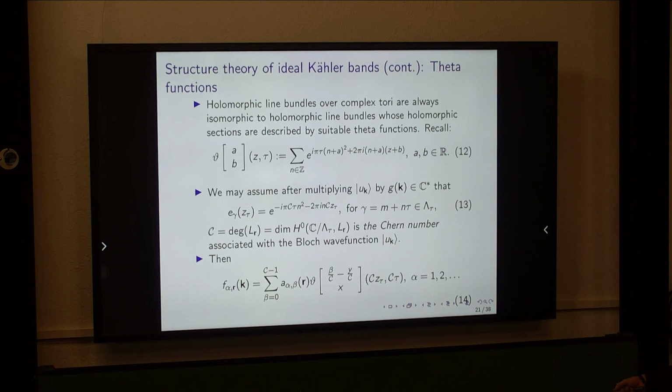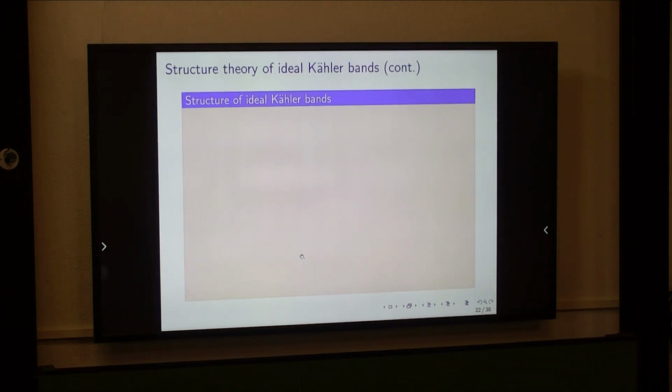Because the f of alpha's have to be holomorphic sections, the only possibility is that they are linear combinations of these theta functions, which span this vector space, which is finite dimensional, of dimension C. So we reach the following conclusion, which is the structure theory of ideal Kähler bands.